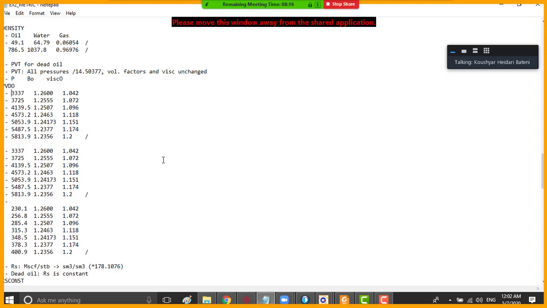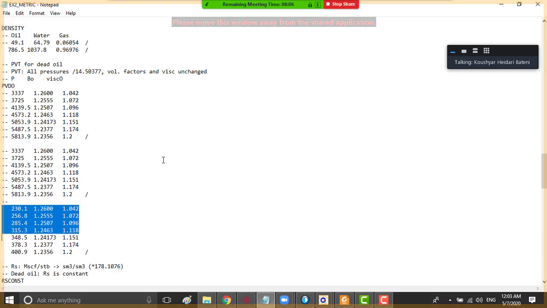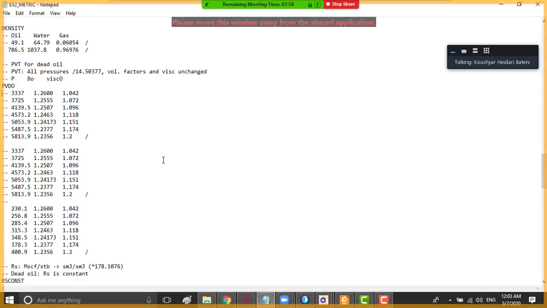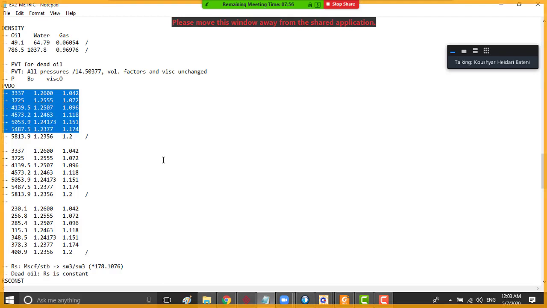How do we do that? By dividing these values in the first column by 14.7, as we see in our result here. In the first column, every entry is equal to the corresponding entry in this, only divided by 14.7.